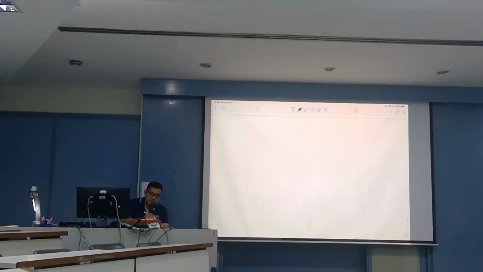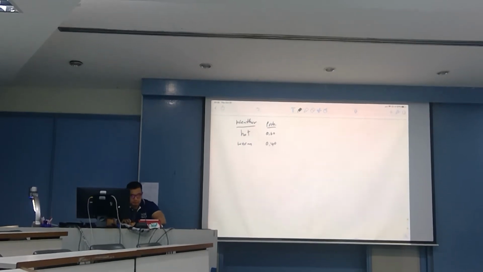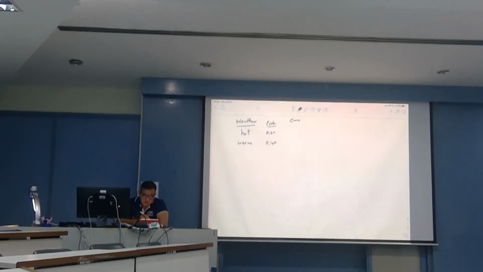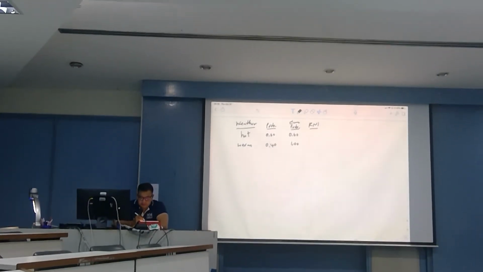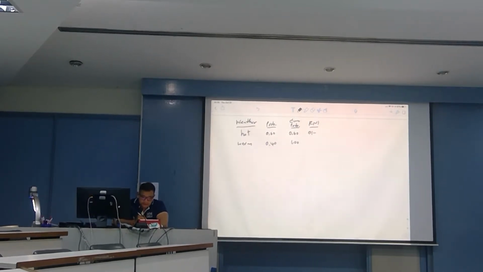Right? So in this case, if we need to do that, we're going to have the first variable, the weather. The probability distribution is 0.6 and 0.4. And again, the random number intervals of weather are 1 to 60, 61 to 100.